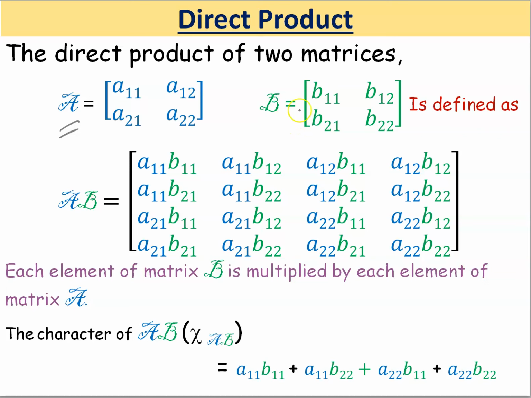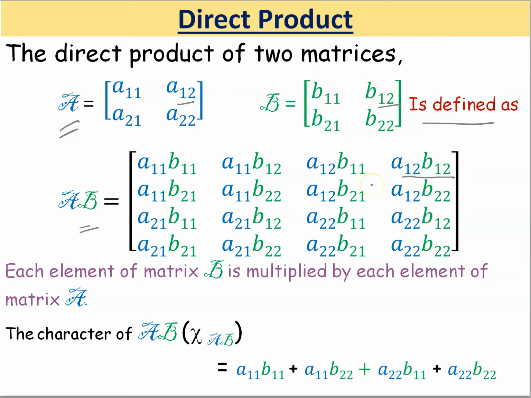Another matrix B is also a 2 into 2 square matrix, B11, B12, etc. And the direct product AB is defined as follows: we multiply A11 with B11, then A11 with B12, next A12 with B11 and A12 with B12.